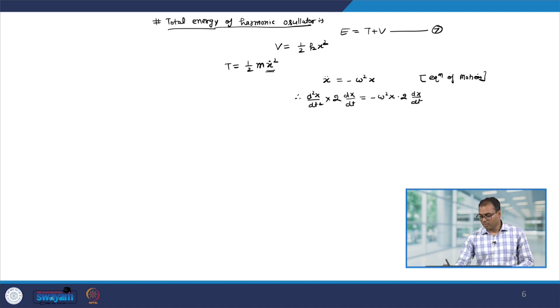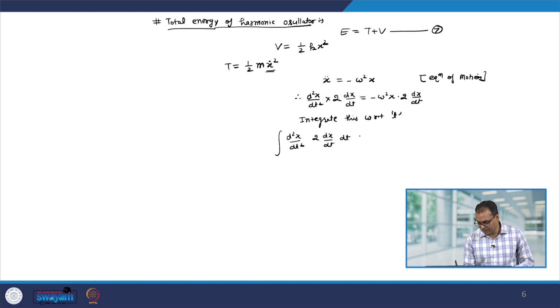Now, let us integrate this with respect to t. So, we have the integral of d2x over dt square into 2 dx by dt equal to the integral of minus omega square x into 2 dx over dt, dt. And this integral is nothing but dx over dt whole square.